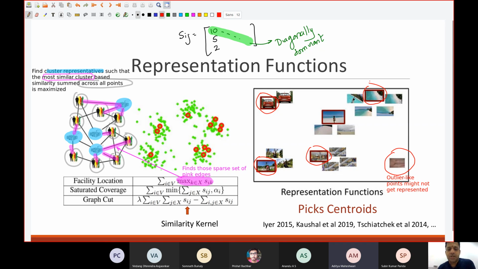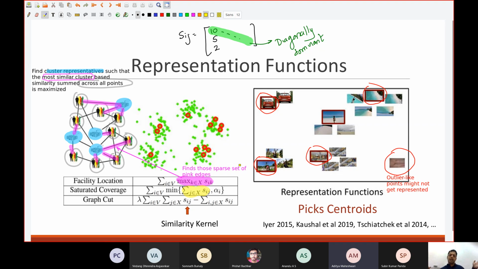Saturated coverage. Now, saturated coverage, what is it doing? Look at the difference between facility location and saturated coverage. Here, instead of a max, I'm looking at a sum, a sum of similarities.